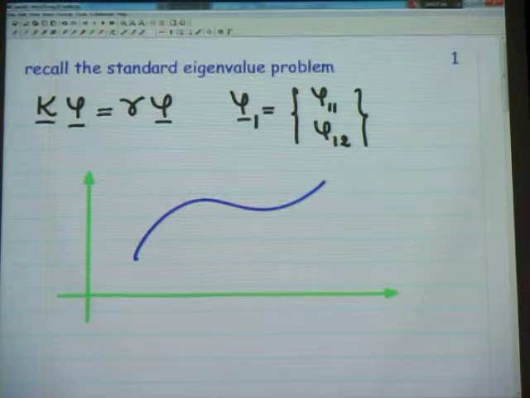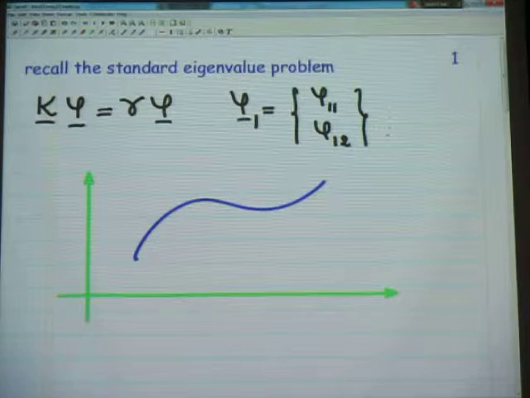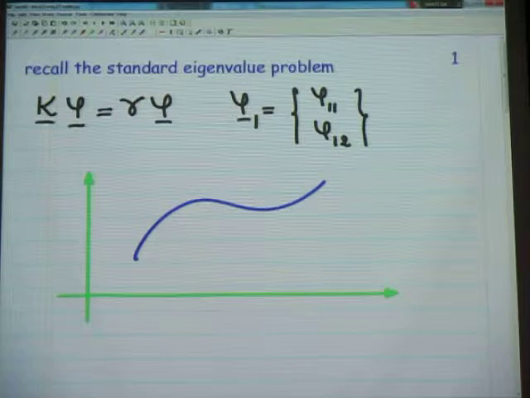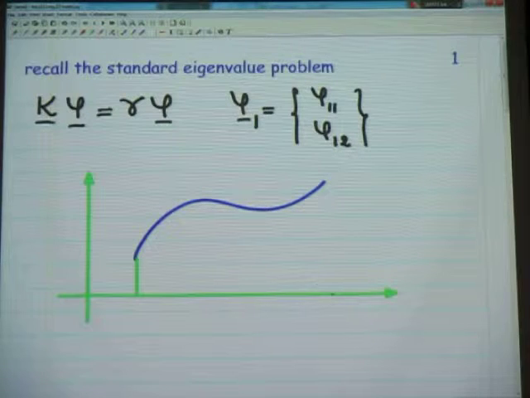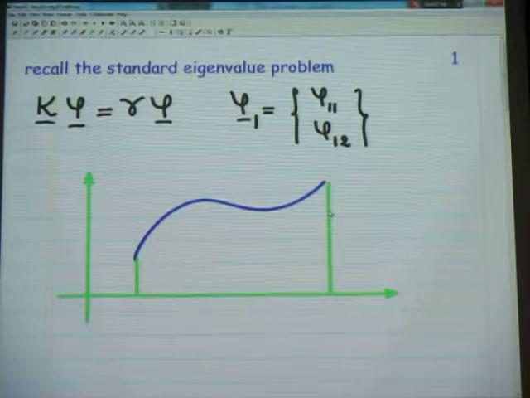Right, and let's say the interval would go from A to B, for example.